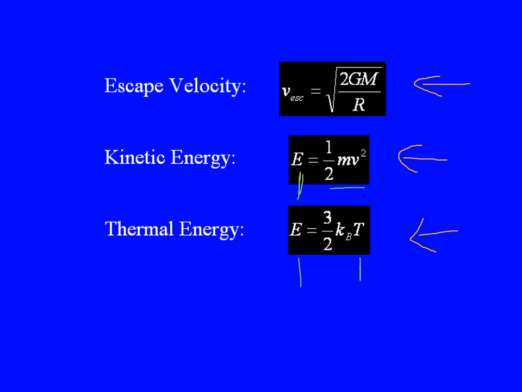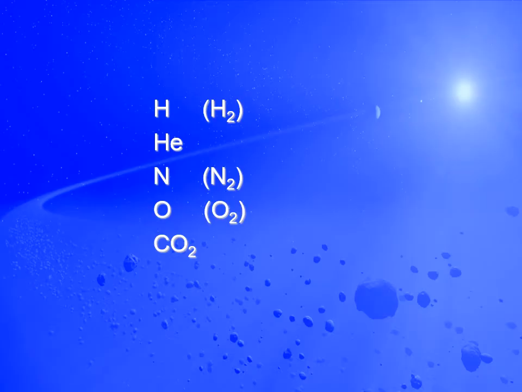So if m is less, v has to be bigger in order to get that energy. So that means that light molecules actually move faster than heavy molecules. And then if they move fast enough, they achieve escape velocity.